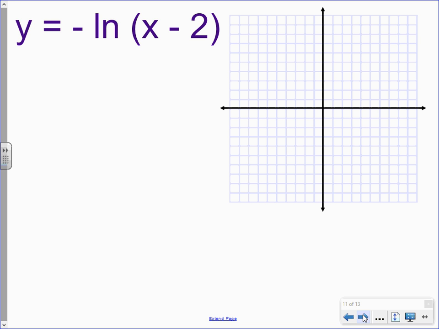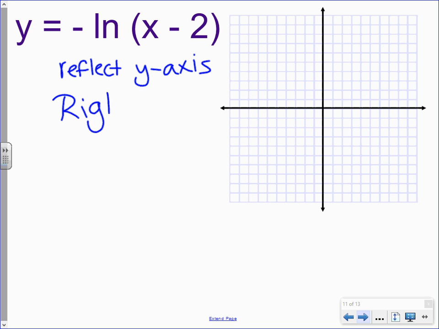It's reflected in the y-axis and it's shifted right 2. How do you feel about pod 7's description? A reflection in the y-axis and then right 2. Yeah?